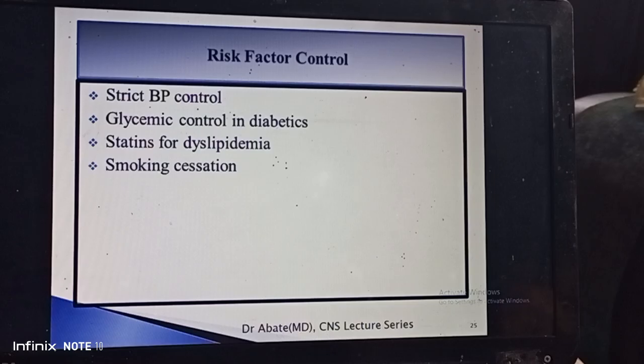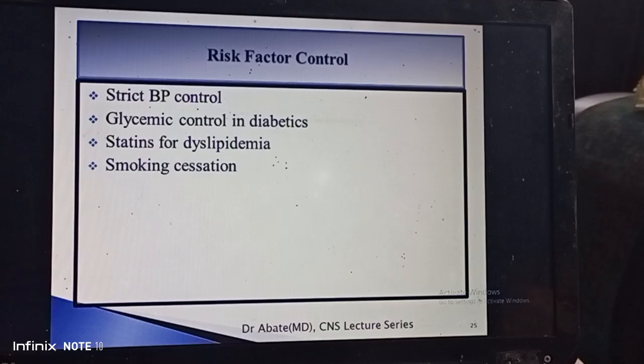The other important part of management for stroke patients is strict blood pressure control, and glycemic control in diabetic patients. And you have to start statins for dyslipidemia and smoking cessation as well. In fact, statins should be started not for patients with dyslipidemia only, but for any patient who presented with ischemic stroke.